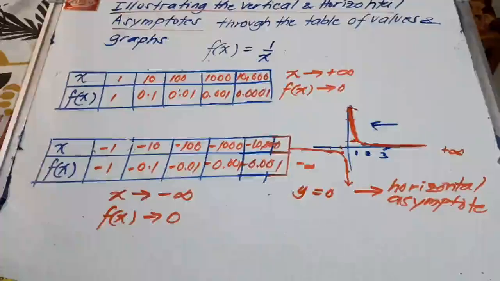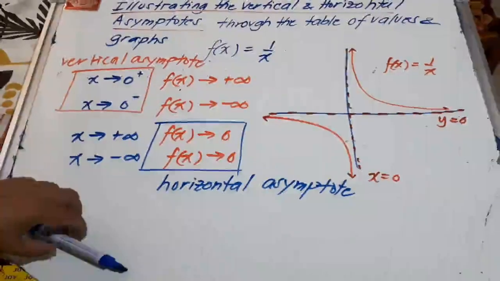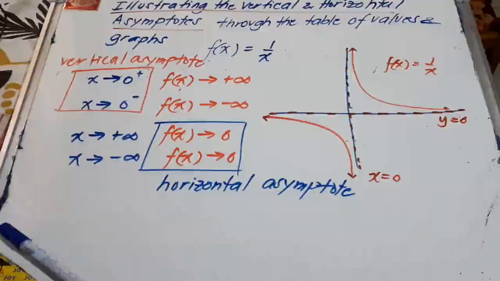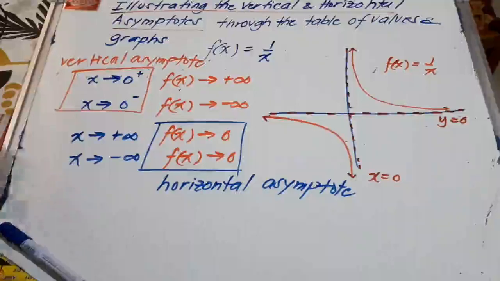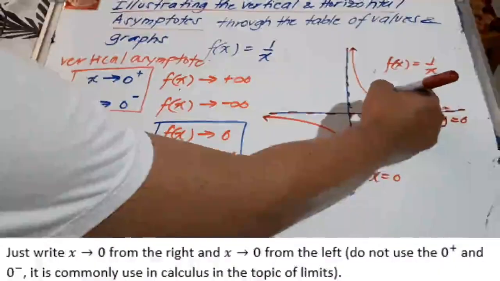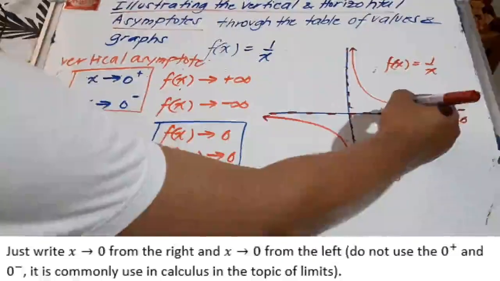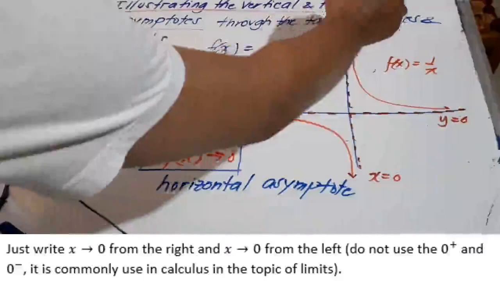Okay. So, gawa natin ng summary, yung mga values natin. So, here is the summary of the table of values na ginawa ko kanina. So, we have here, as x approaches 0, to the right, ito yung x equals 0. Habang papalapit siya sa 0, coming from the right, yung ating f of x is increasing without bound. Okay?